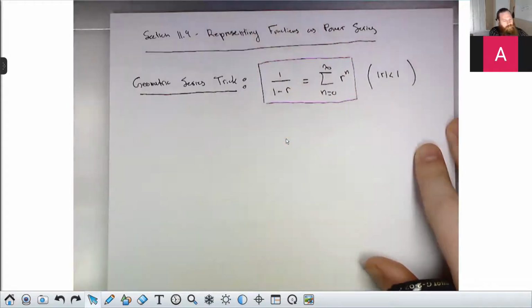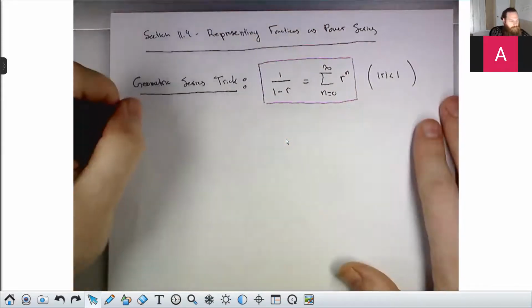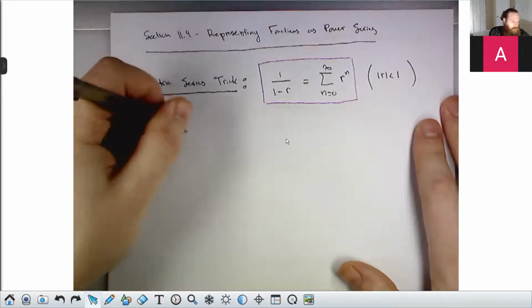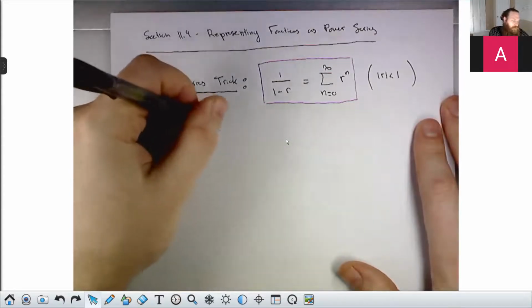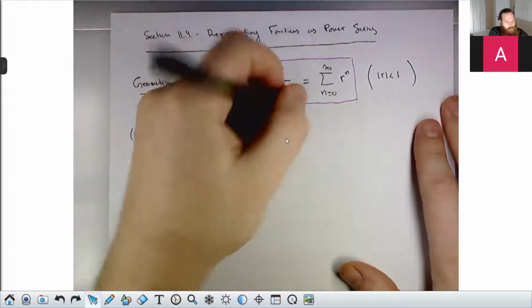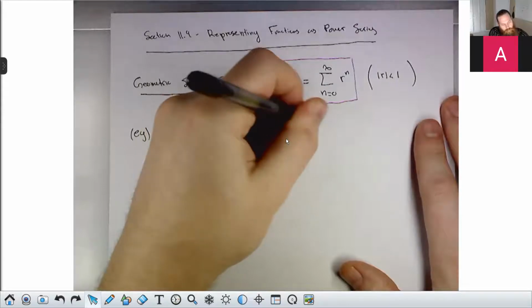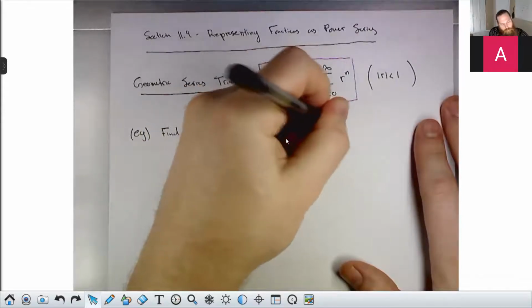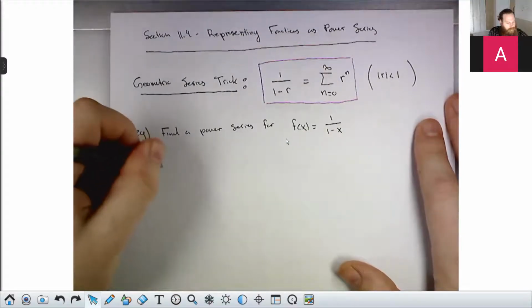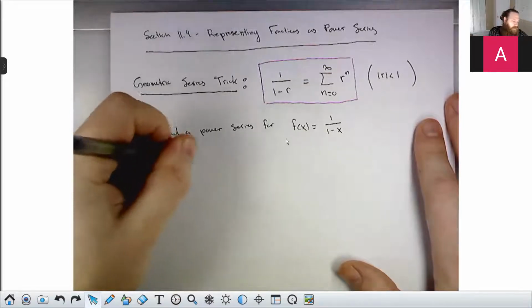So like the obvious example, if I wanted to find a power series for the function f of x equals 1 over 1 minus x, this is easy. Just take r equal to x.